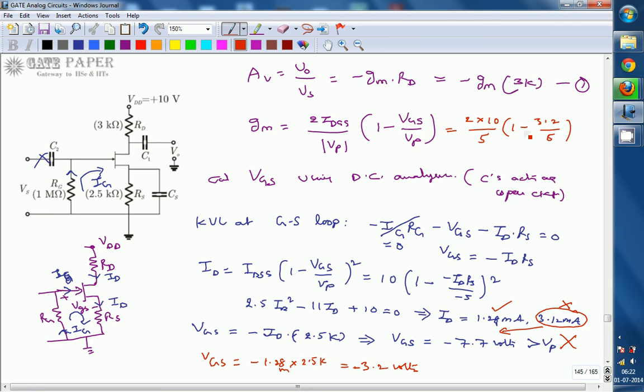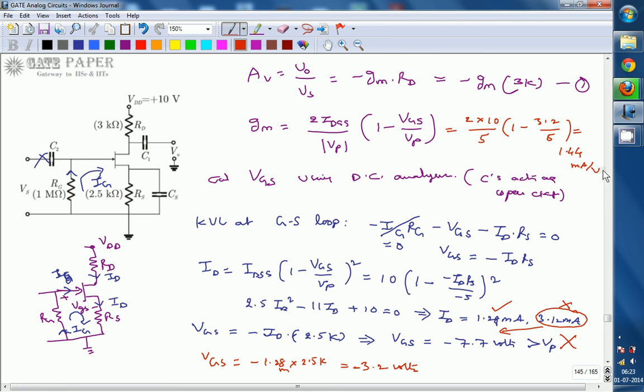So this will be 20 by 5, which is 4 into 1.8 by 5, so it will be around 1.44 milliamperes per volt, the gm value.